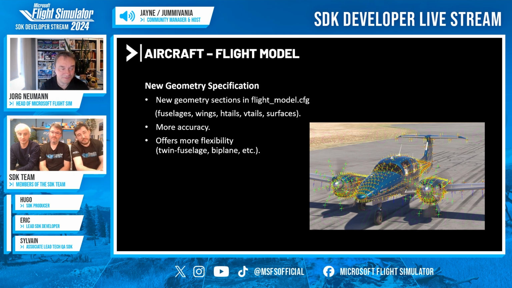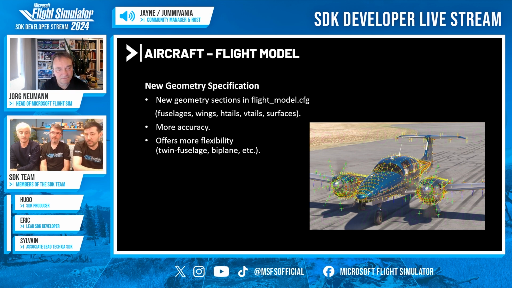It's the possibility now to define the geometry of the aircraft with a lot more flexibility. We have added a lot of new sections in the flight model CFG file that will let you create multiple surfaces, like fuselage, wings, horizontal tail, vertical tails, and also flight control surfaces.